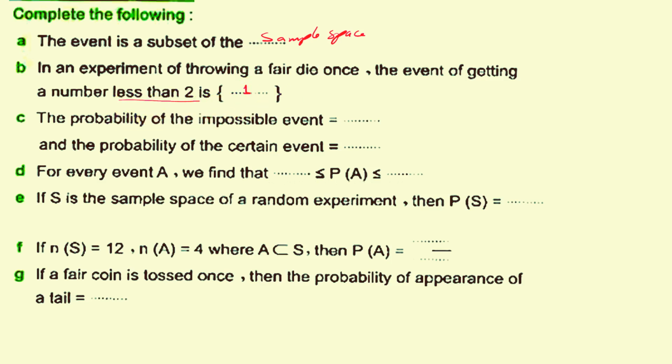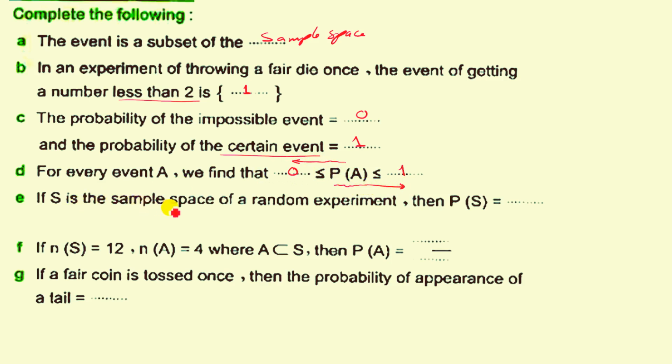The probability of the impossible event, okay, correct. The probability of the certain event 1. For every event A we find that probability of any event is from 0 to 1: probability of A greater than or equal 0 and smaller than or equal 1.